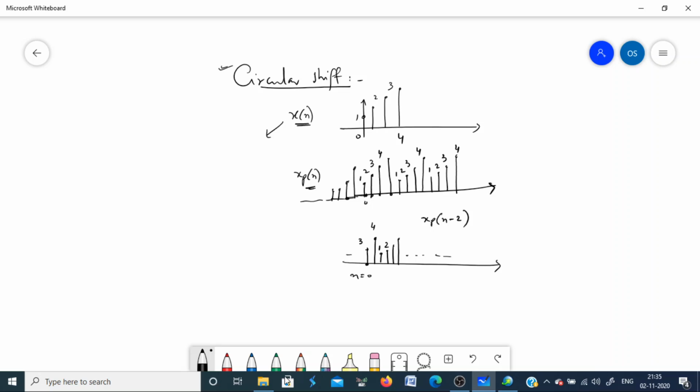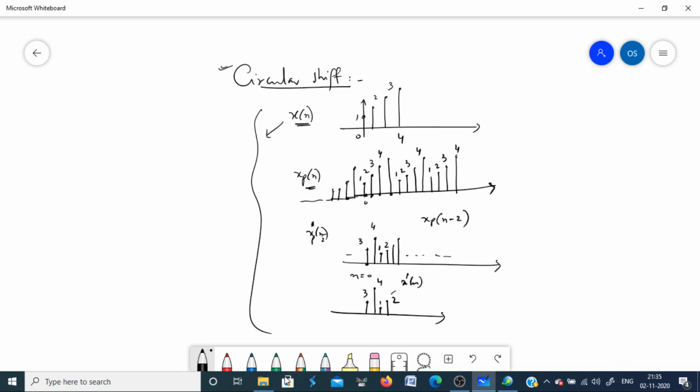If I just take its first 4 samples, that is 3, 4, 1, and 2, this I write as x dash n. And you will see the relation between the original sequence and this shifted sequence. This is x dash n, this is x_p of n minus 2.